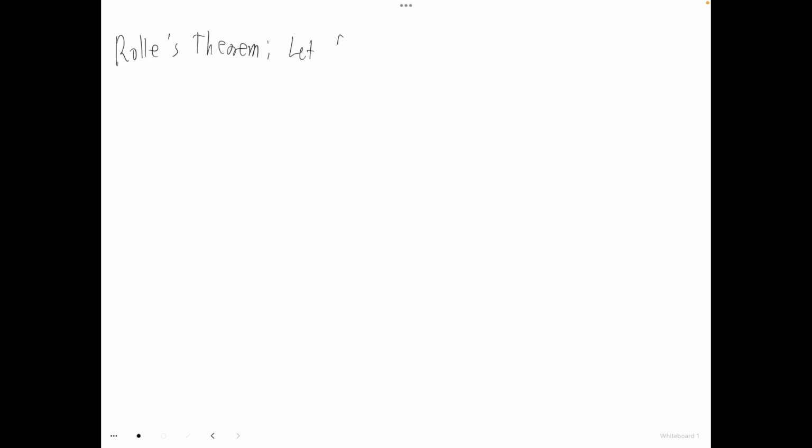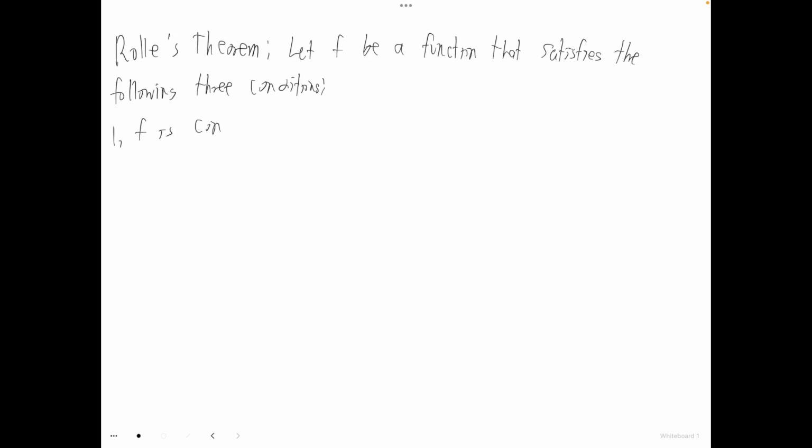We're going to let f be a function that satisfies the following three conditions. So first, f is continuous on the interval a to b, and that needs to be a closed interval.